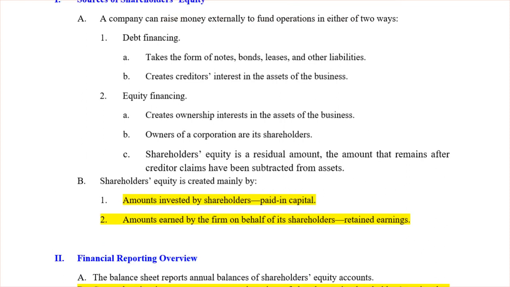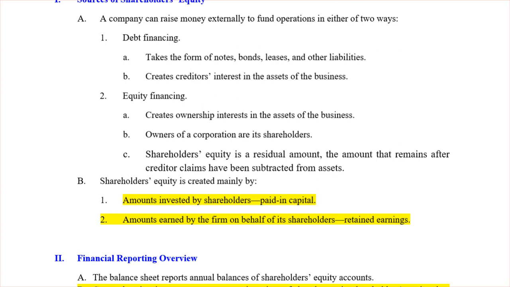And of course, we have also AOCI, and we have a lot of accounts that they are conveniently putting in what they're calling paid in capital, that are not just issuing shares of stock. It's a little more complicated than that.